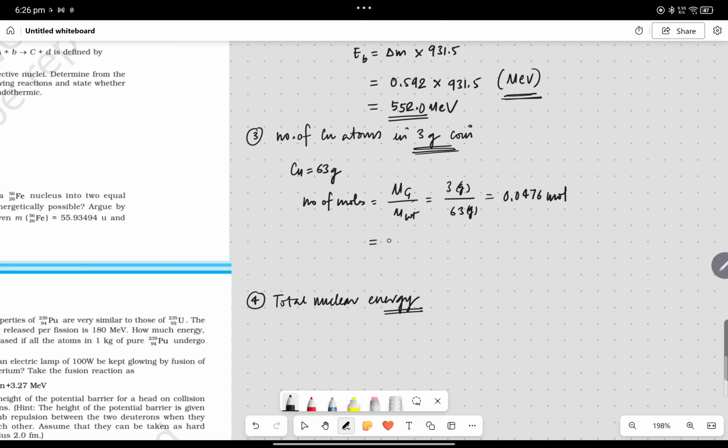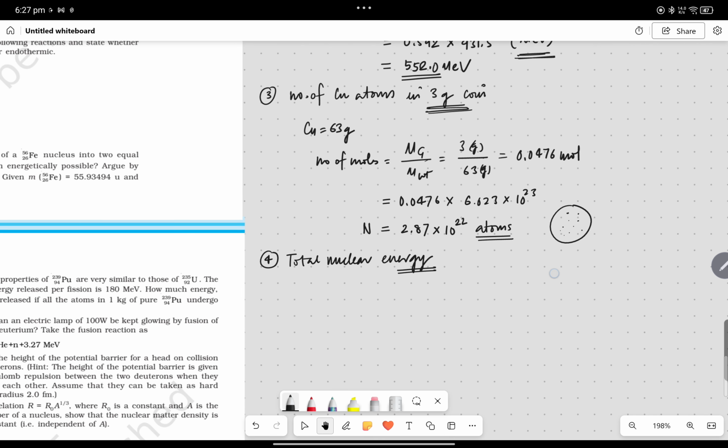And by multiplying this number of moles with Avogadro number, that is 6.023 into 10 to the power 23, we are going to get the number of atoms. So N, the number of atoms, is 2.87 into 10 to the power 22 atoms of Cu present in the coin. In that coin, this number of atoms are present, right?